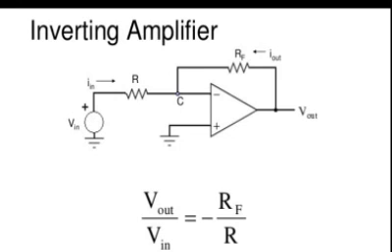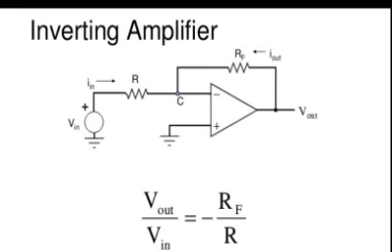In the inverting amplifier, only one input is applied, and that is to the inverting input terminal. The non-inverting input terminal is grounded, so V1 is equal to 0 volt and V2 is equal to V in. At open loop, let us consider there is no connection between the input and the output.